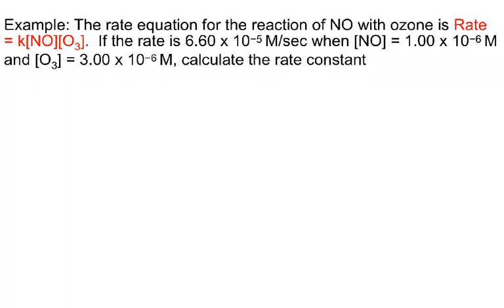So let's work through an example. The rate equation for the reaction of NO with ozone is k times NO times O3. If the rate is 6.6 times 10 to the minus 5th molar per second, when NO is 1 times 10 to the negative 6 molar and O3 is 3 times 10 to the minus 6 molar, calculate the rate constant. So here we have rate is equal to lowercase k times NO times O3, and we can just plug numbers in here.